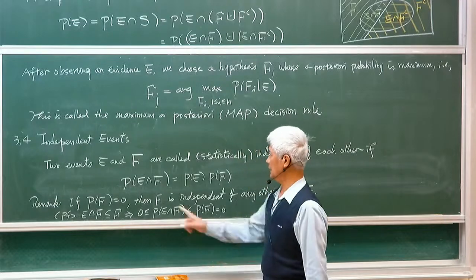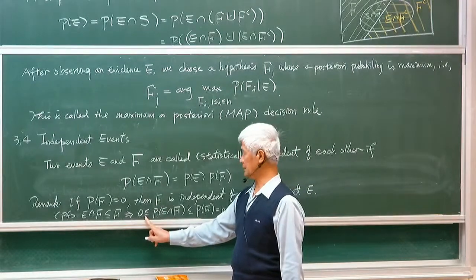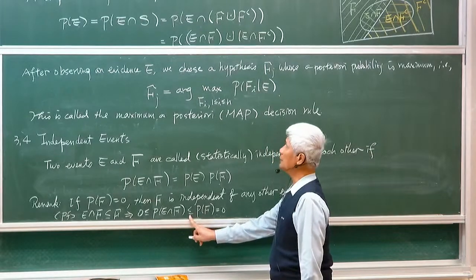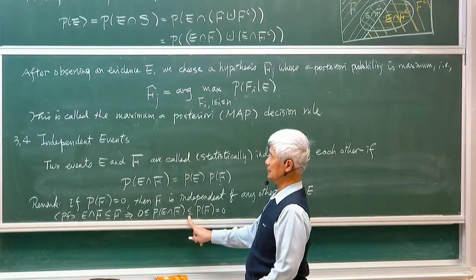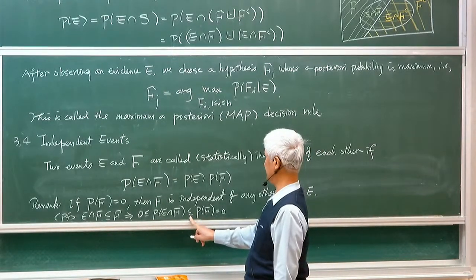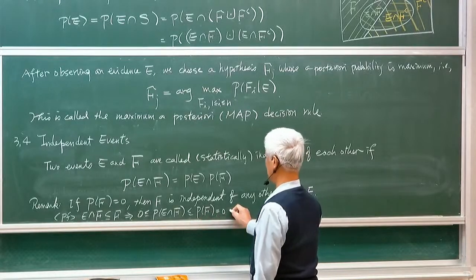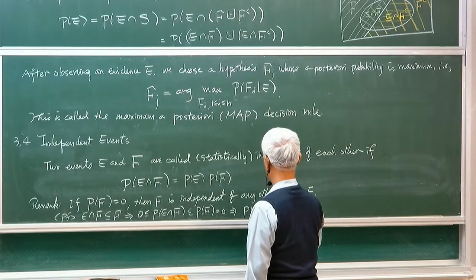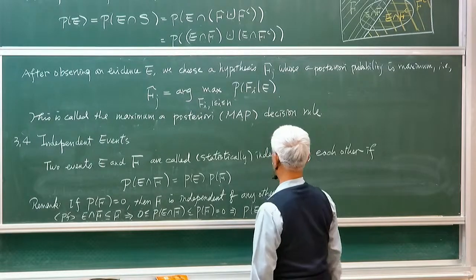This inequality is from axiom number 1, from the proposition, I think it's 2.4.1. So this implies that the probability of E intersect F is equal to 0.